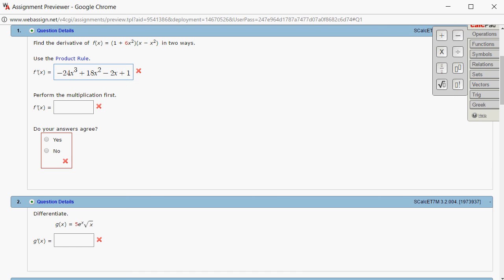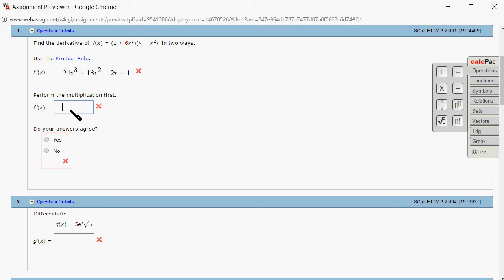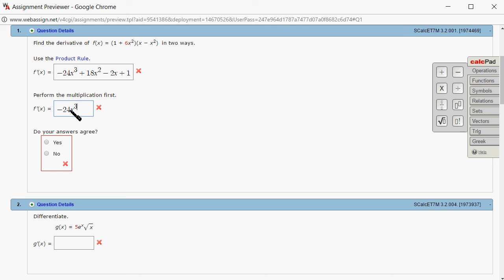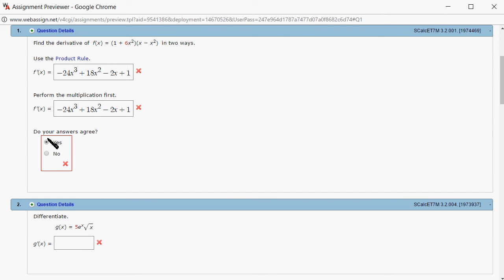So type it in: negative 24x cubed plus 18x squared minus 2x plus 1, and they agree with each other.